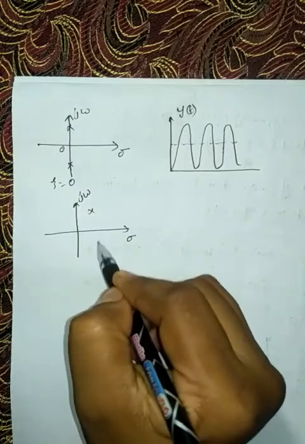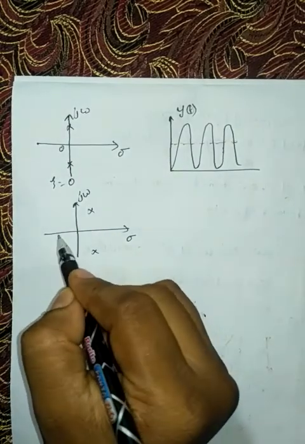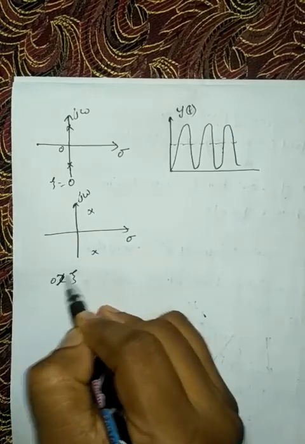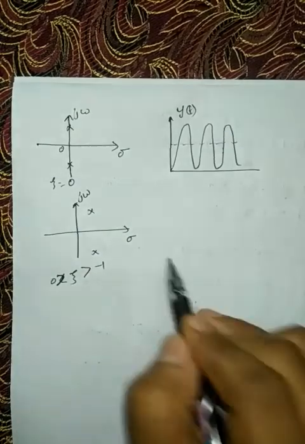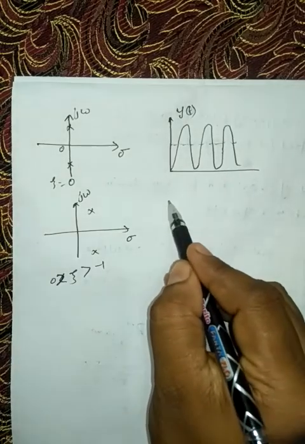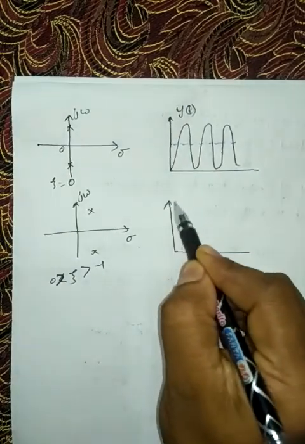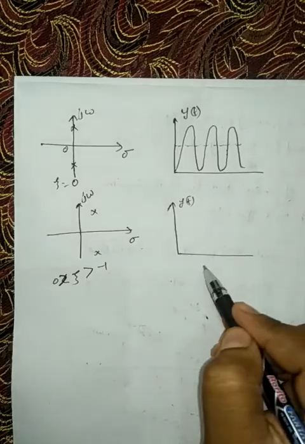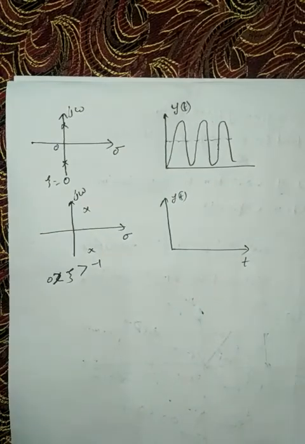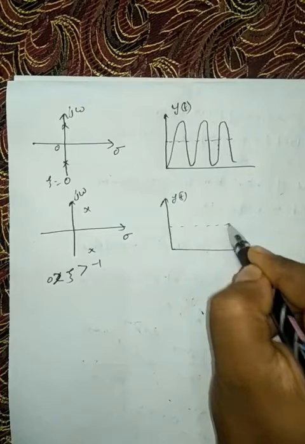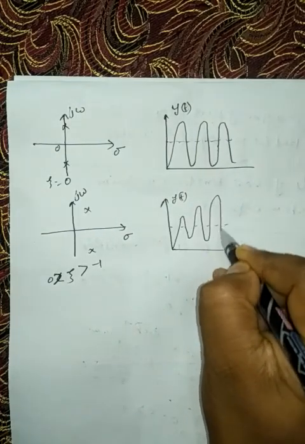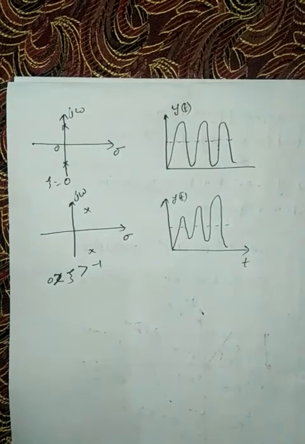When I have complex roots, right side of the S plane, means zeta is less than 0 and greater than -1, in this case our response is like this, right?